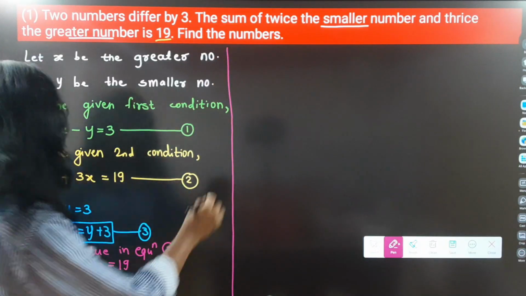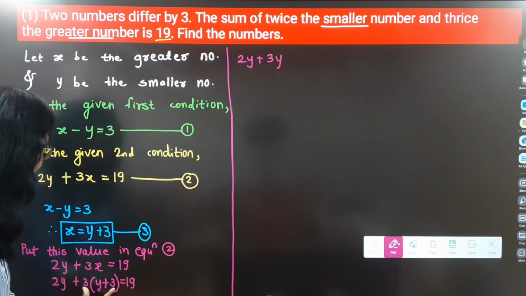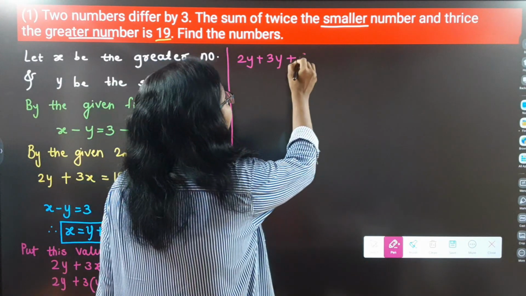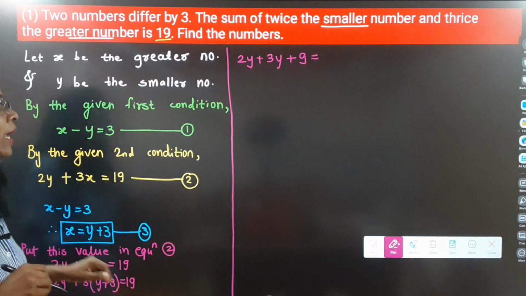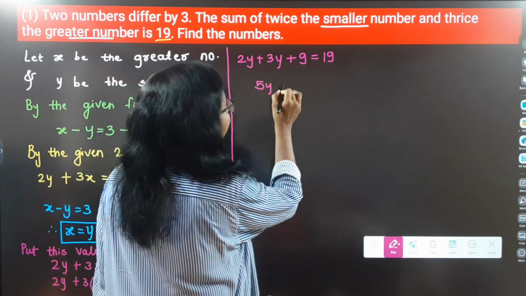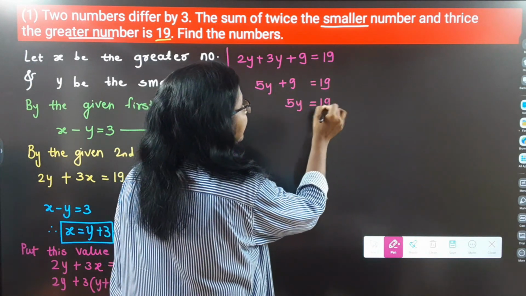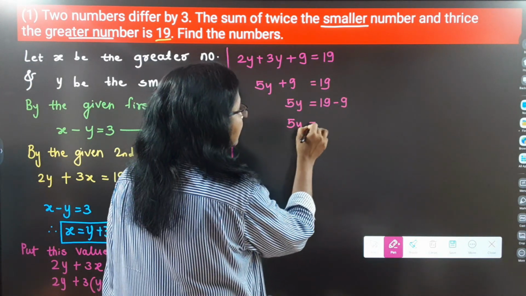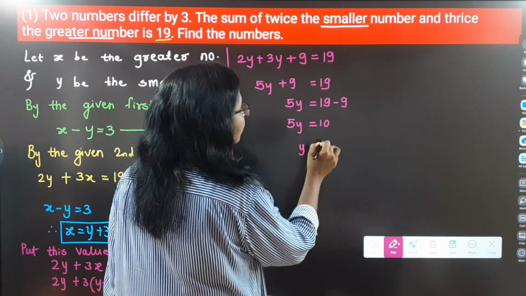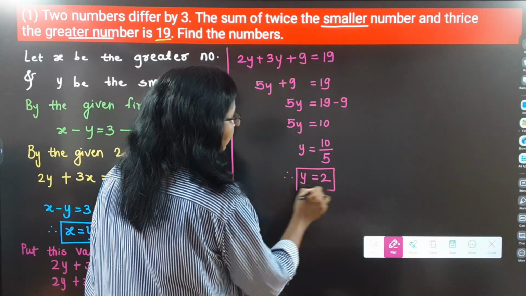Then next step: 2y plus 3y plus 9, 3 threes are 9, is equal to 19. Therefore 2y plus 3y, 5y plus 9 is equal to 19. Therefore 5y is equal to 19 minus 9. Therefore 5y is equal to 10. y is equal to 10 upon 5. So y is equal to 2.